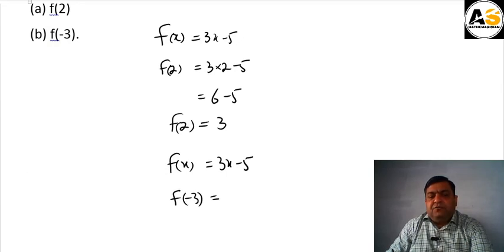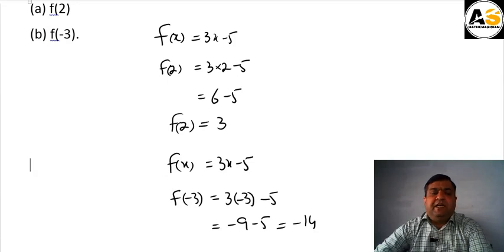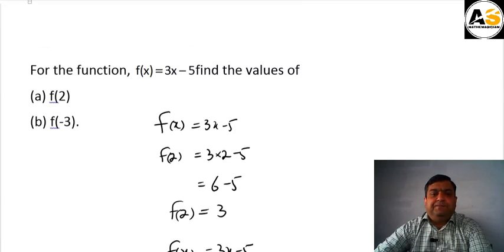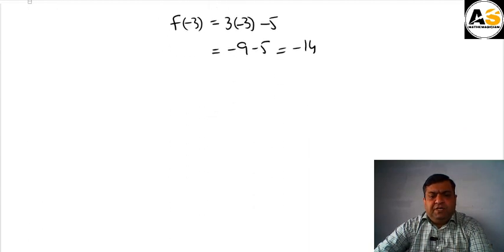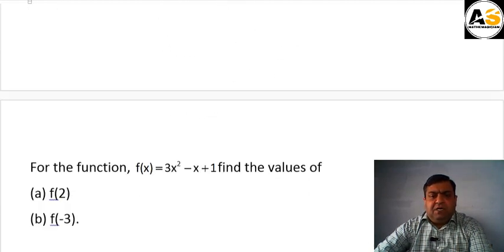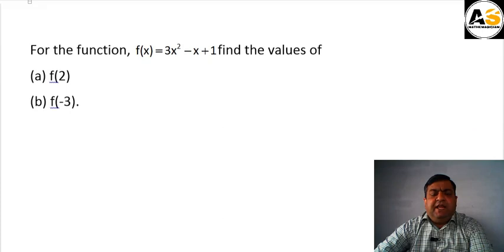This will be 3 multiplied by minus 3 minus 5, which is minus 9 minus 5, minus 14. So this was f of minus 3. So these were two examples in which we calculated the value of the function at a given value of x.